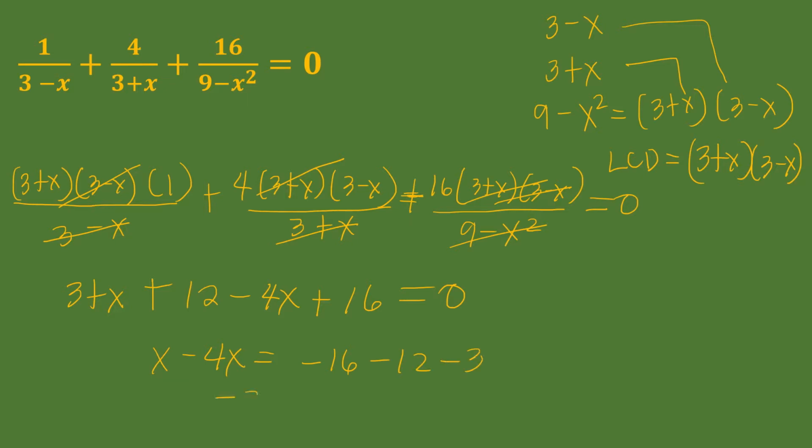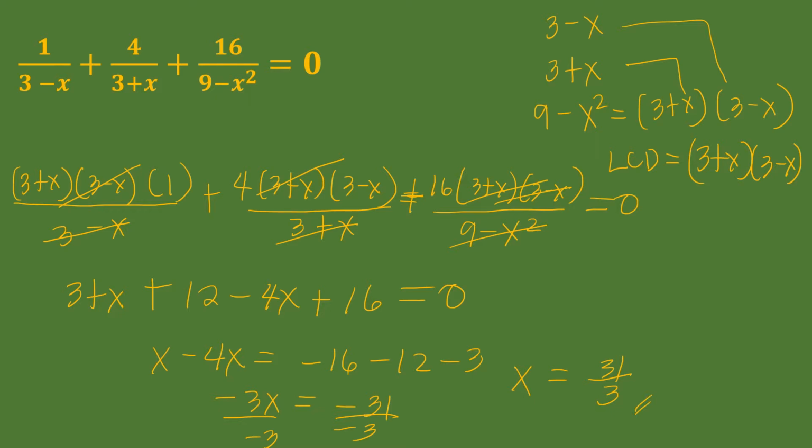So that will be negative 3x is equal to negative 16 minus 12, that will be negative 28, and negative 28 minus 3, sorry, that would be minus 31. So divide both sides by negative 3. So x now is equal to positive 31 over 3.